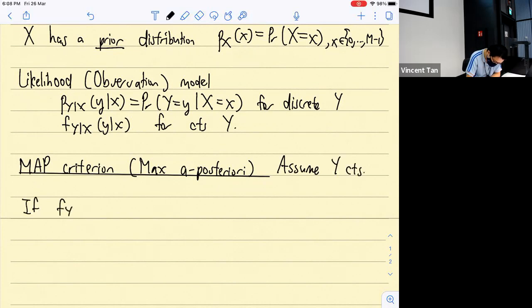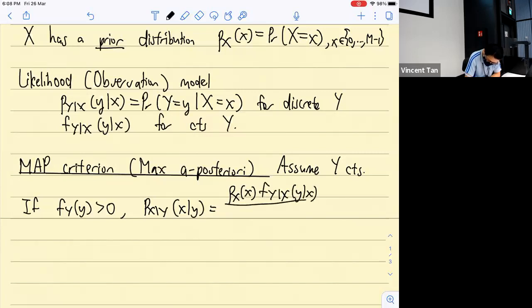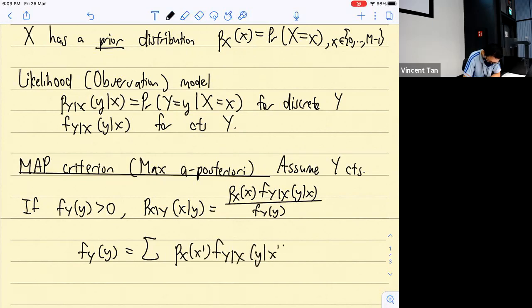If f of y is greater than 0, this allows us to define p of x given y. This is nothing but Bayes' rule: f of y given x divided by the bottom, which is f of y, where the bottom f of y is, by the law of total probability, the sum over x prime of p of x prime times f of y given x prime.